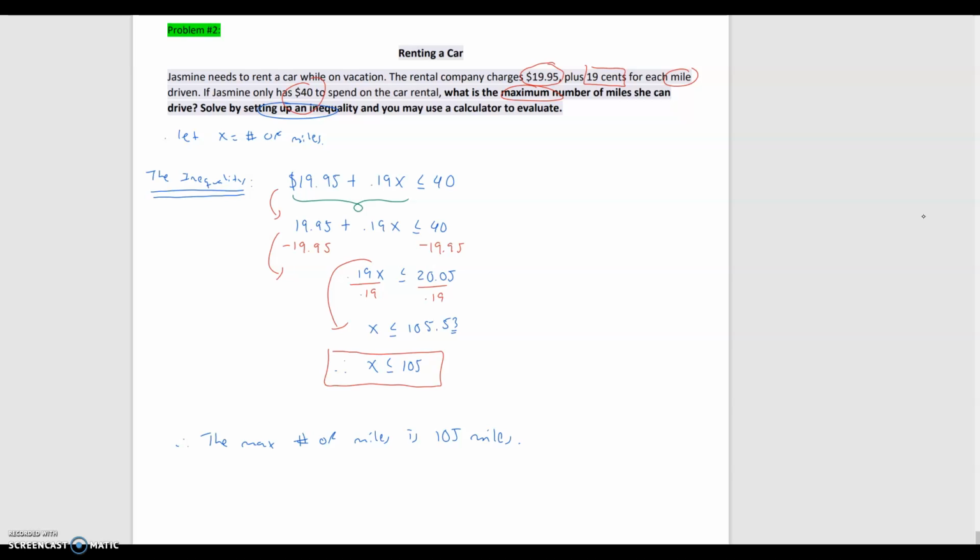And we could say that Jasmine could drive x less than or equal to 105 miles to not go over the $40.